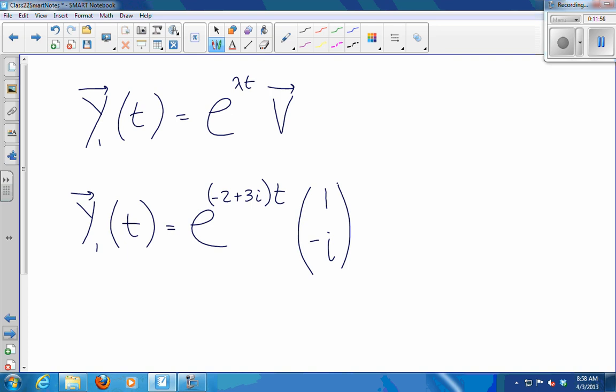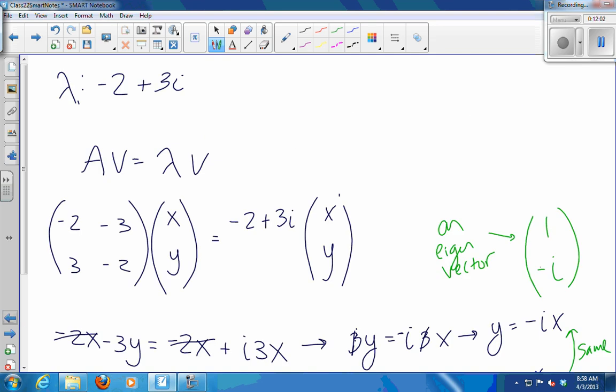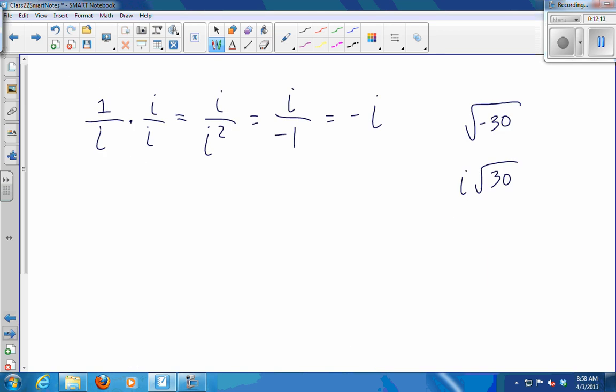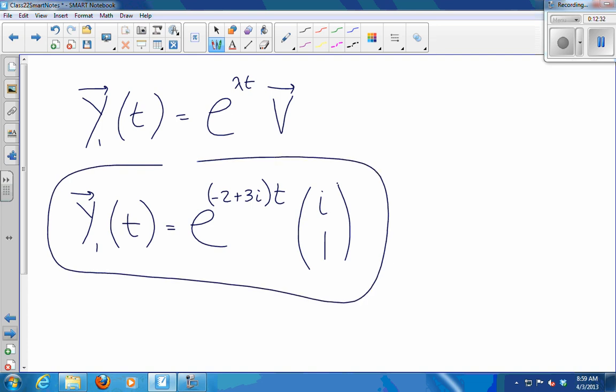I kind of like 1, i because then we don't have to deal with the negative. Okay, so we can get solutions. We could get another particular solution using the other eigenvalue if we wanted to. So here's a particular solution to my system of differential equations.